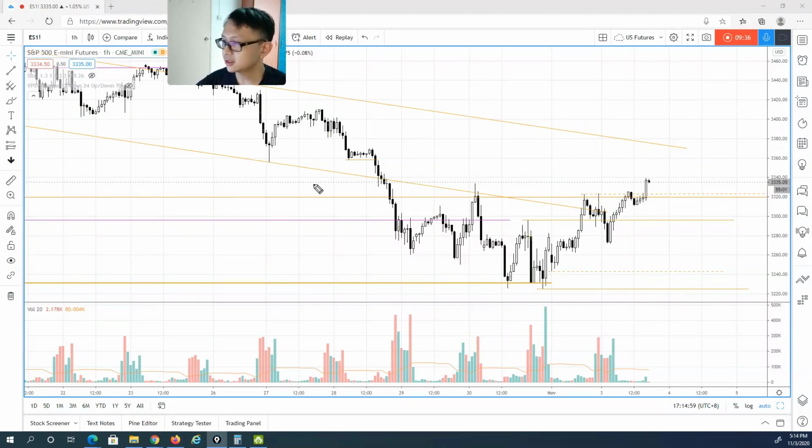So definitely I think there is some strength behind, and we can see there is some recovery right at this consolidation zone, closing around the 33.00 level. Right now, the immediate resistance level is at 33.20.